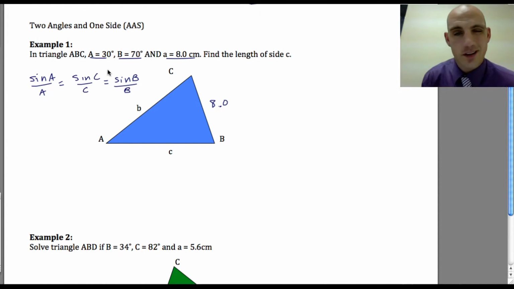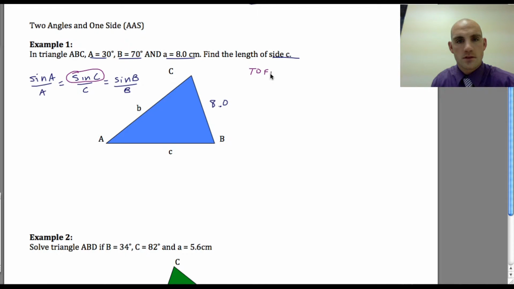I just went out of order, it doesn't particularly matter. But what that means is we don't have all the information that we need, because in order to find side C, we are going to need sine of C, which we don't have because we don't have C. So we need to find C.